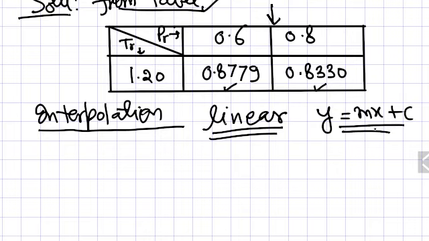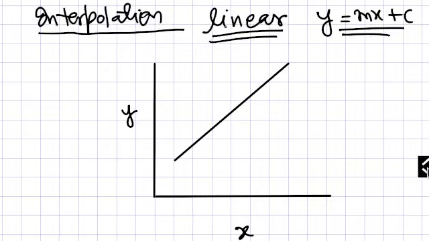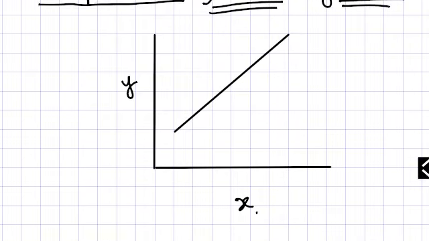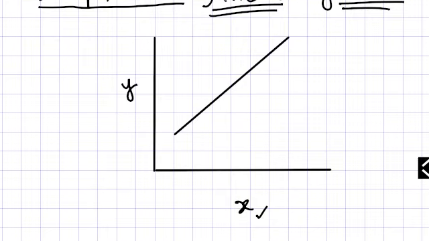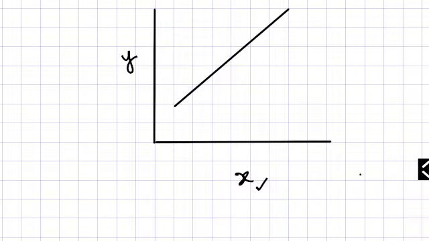A line is like this. So this is in our graph form. These are the known values and this value is the unknown value. The known values are x1 and x2, and at these values y1 and y2 are known.